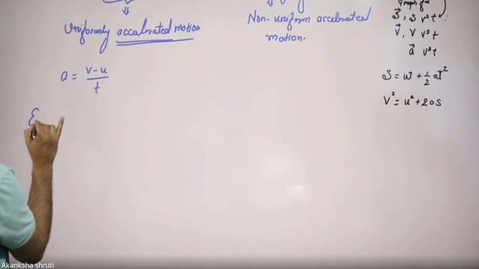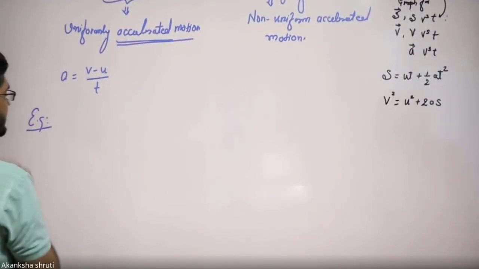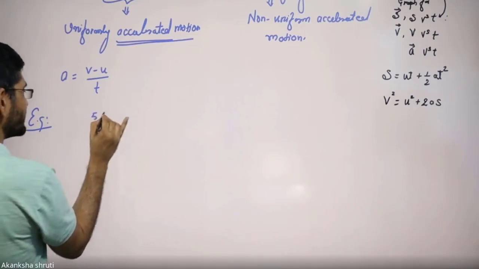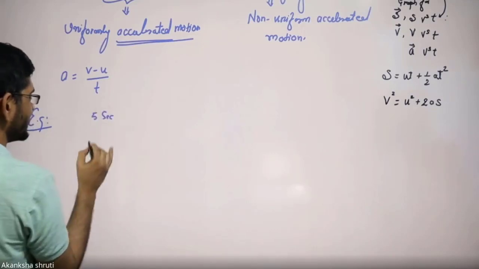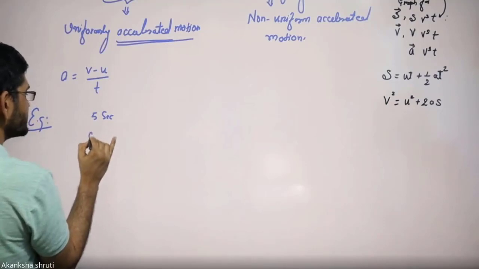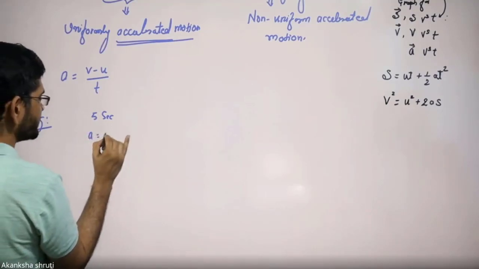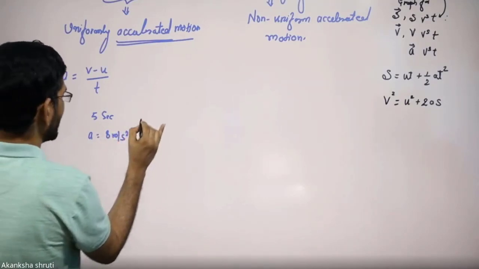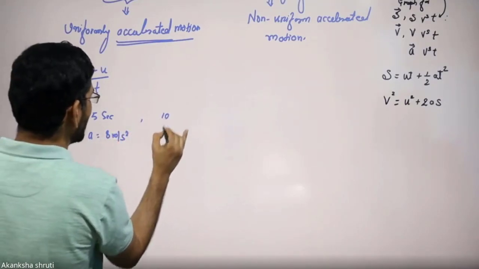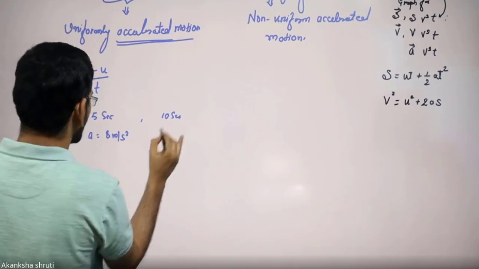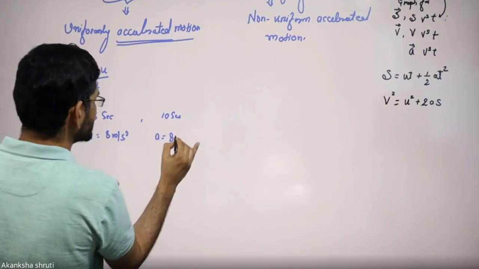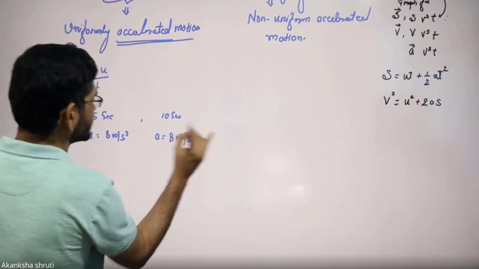Example, if I consider, say, for the first 5 seconds the body is moving with an acceleration of say 8 meter per second square. At the next 10 seconds I have observed the acceleration was still 8 meter per second square.